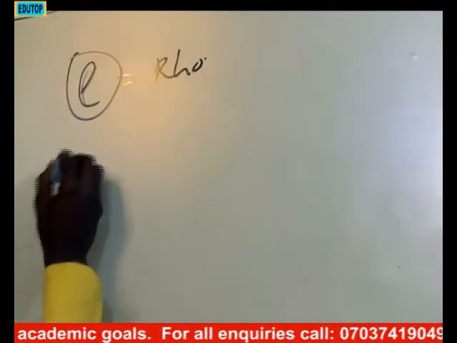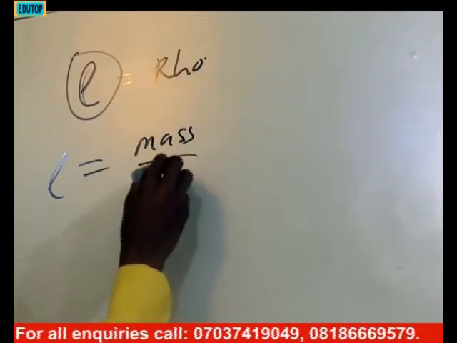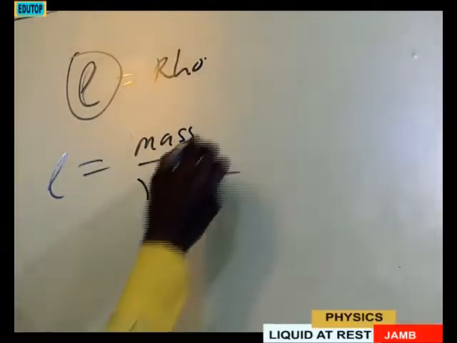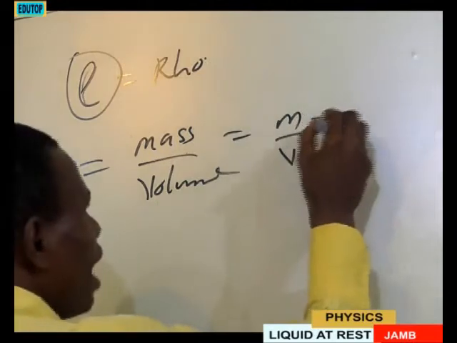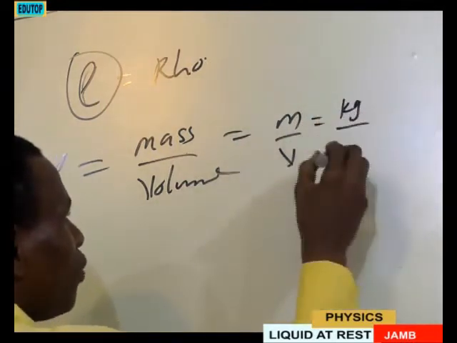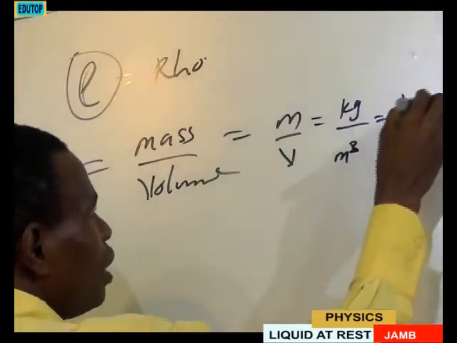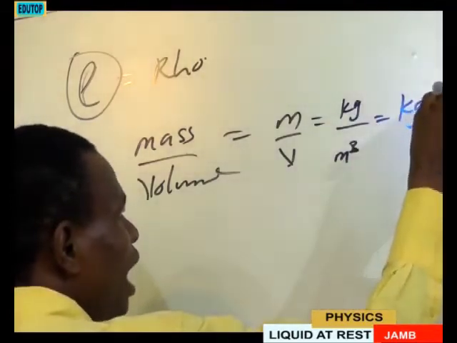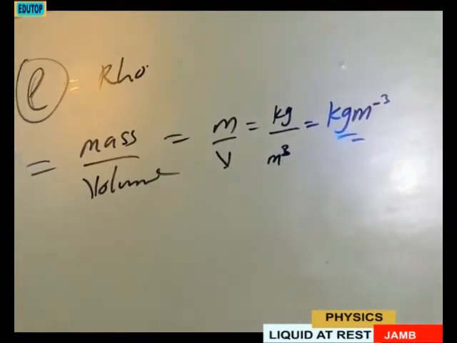That is, density is mass over volume, which is M over V. The unit of density for mass is kilogram, for volume is meter cube. When you take it together, we have kilogram per meter cube, and that is the unit of density.